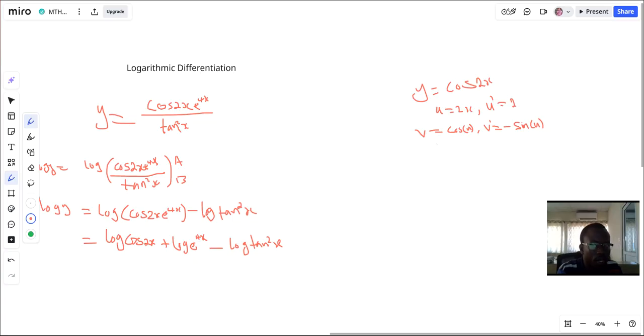The chain rule says differentiate the outer function and multiply by the derivative of the inner function.